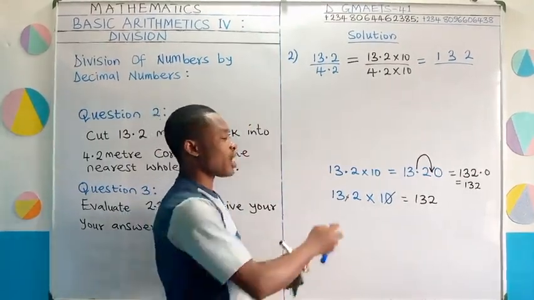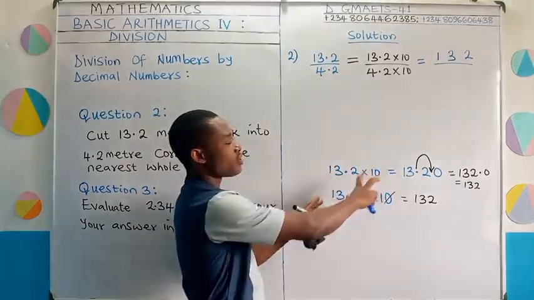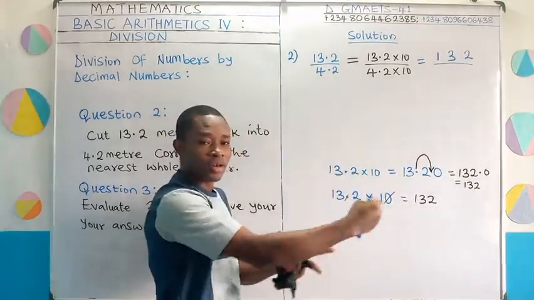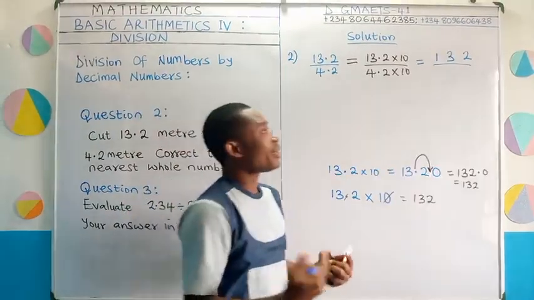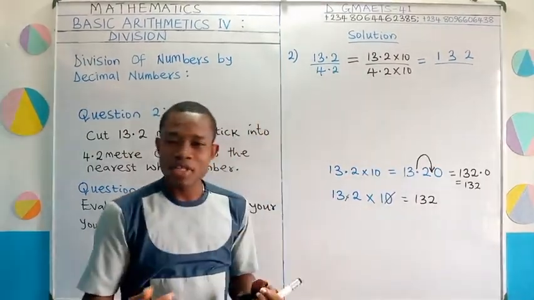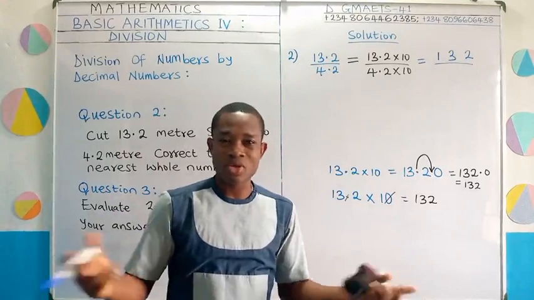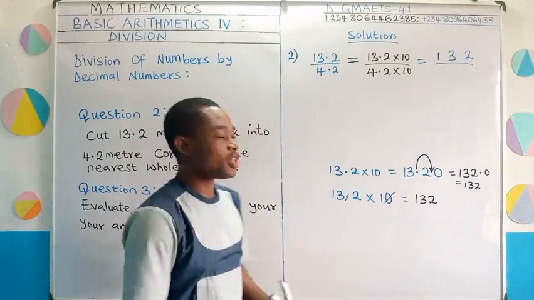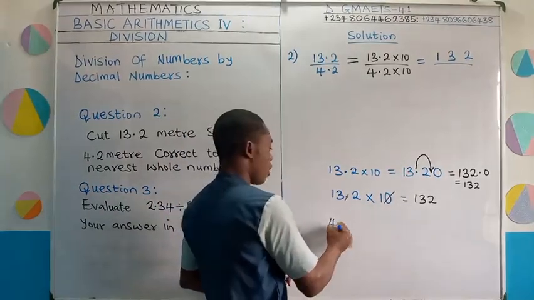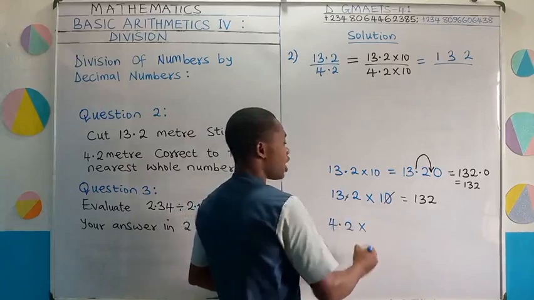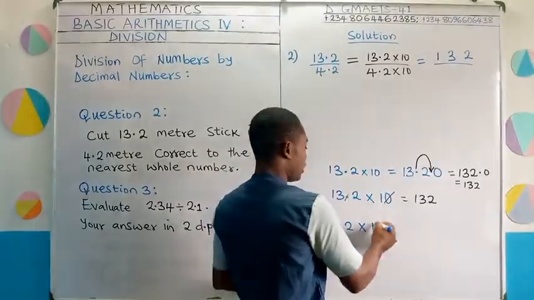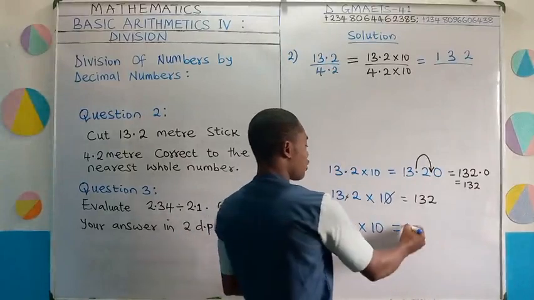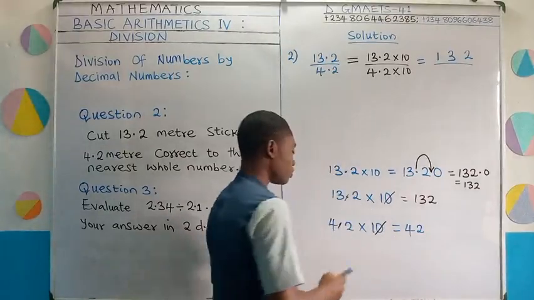I'll advise you, as I'm working on this, you can pause the video and copy this, so that you know how to get your answer when you're multiplying a decimal number by 10, by 100, by 1000. You can use any of the methods I'm showing you here. 4.2, let me use the point cancelling method, times 10. If you work on that, this will give us simply 42.